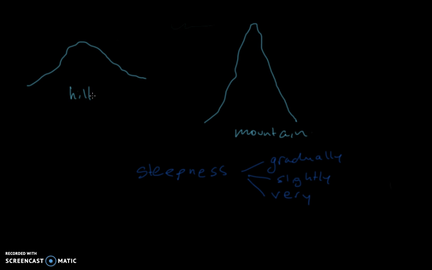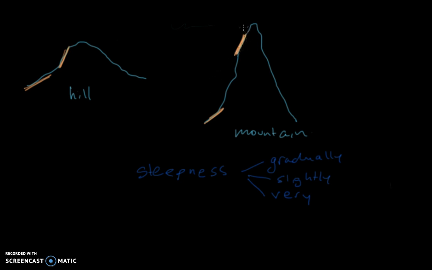I mean, obviously when you look at the steepness of the hill, it becomes steeper as you go further up. And the same thing for the mountain. The only thing is, with the mountain, once you get up here, it's very steep.